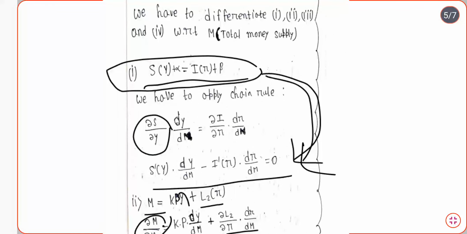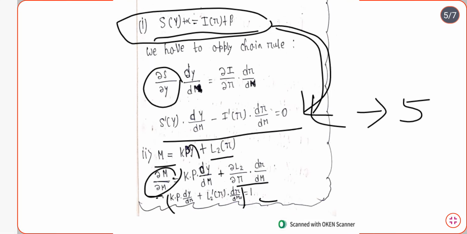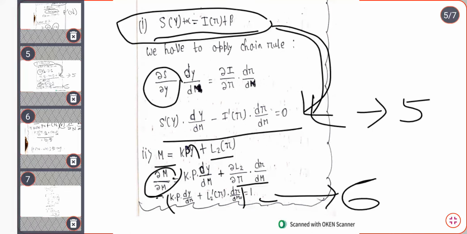So this is basically our equation 5. Similarly, when we are doing the derivative of the money market equilibrium condition, what we have obtained is basically equation number 6.